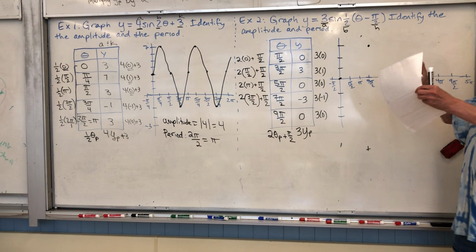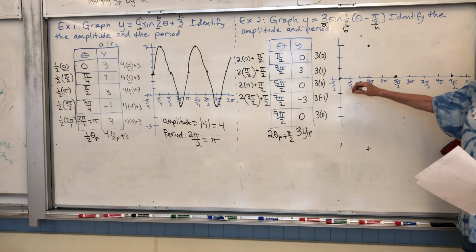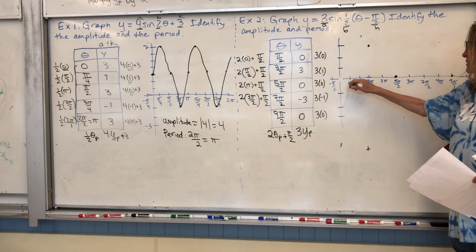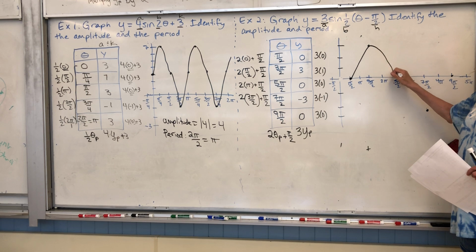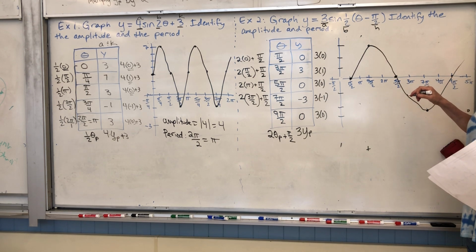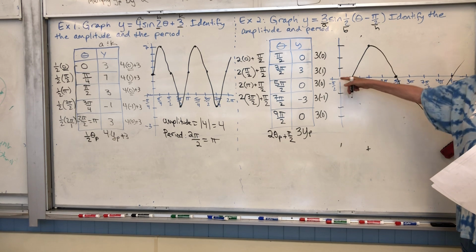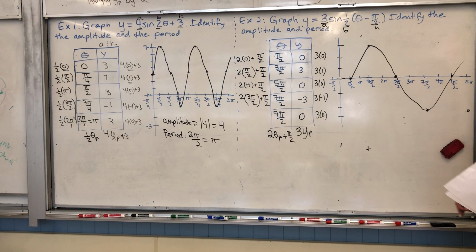Notice this is more stretched out, right? 7 pi over 2, negative 3. And that's because we've done a horizontal stretch on this. Oh, sorry, I did this wrong. Pi over 2, 0. This is it. Okay, so this is what it looks like. So notice, now it started a little bit to the right because we shifted it.